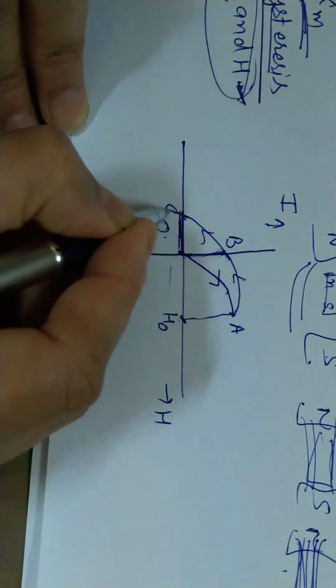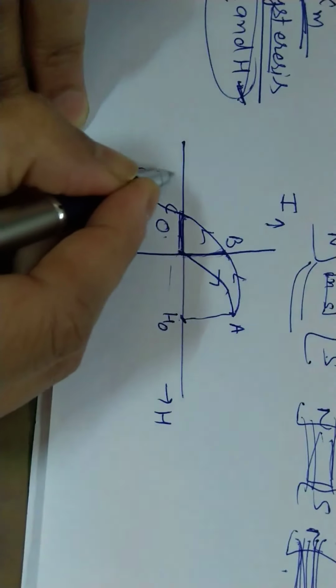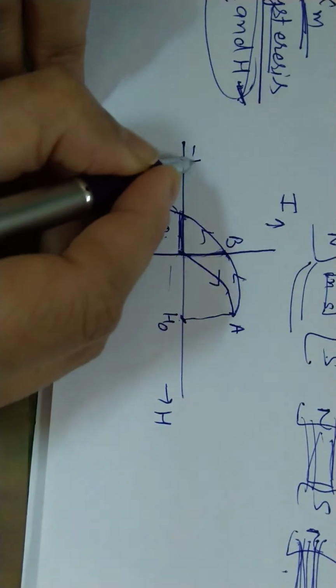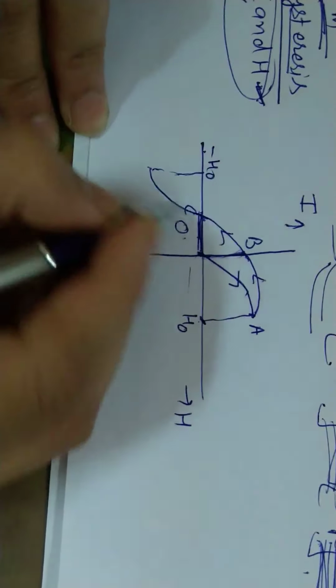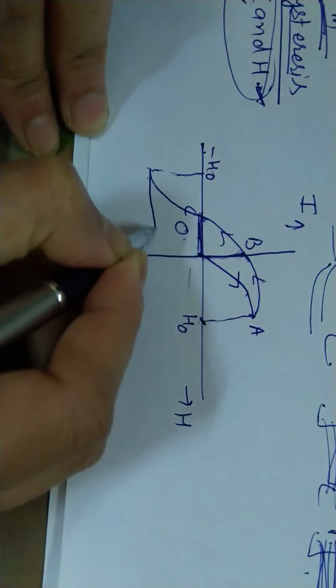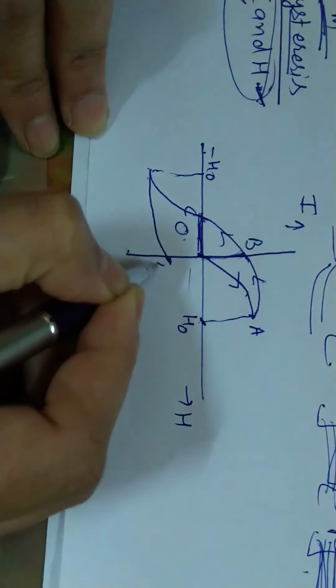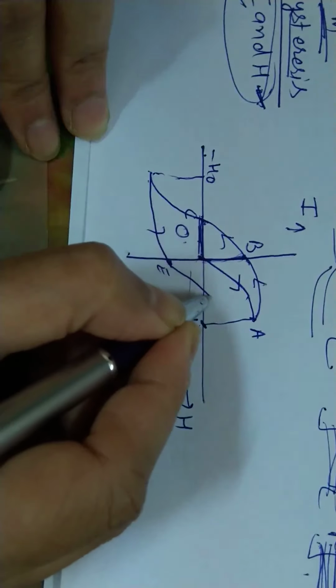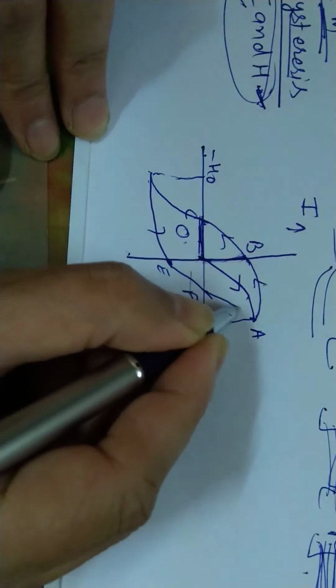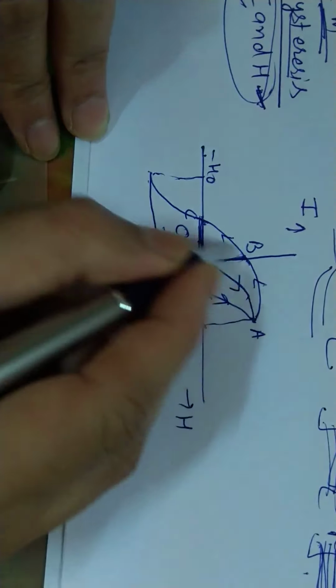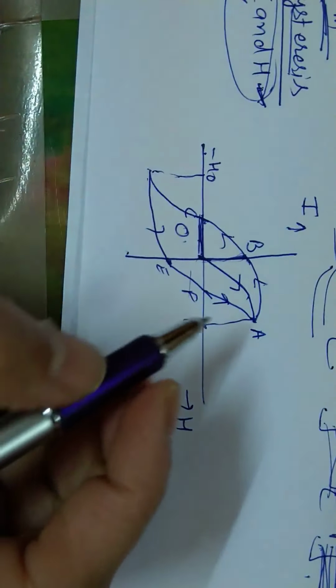Here again there is saturation, that is minus, meaning the opposite direction. Then again we have retentivity, and then again coercivity, and finally the magnetization curve is complete.